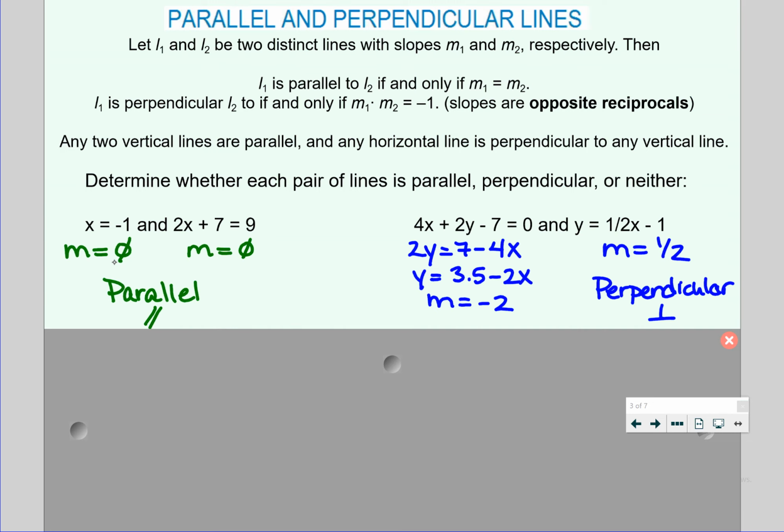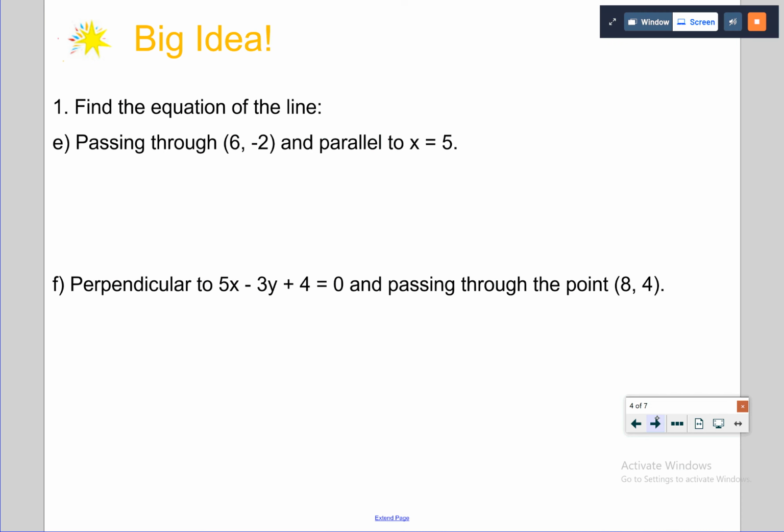Okay. We're going to do these two problems together. Find the equation of a line that passes through the point 6, -2, and is parallel to x equals 5. Okay, so x equals 5. What do we know about that? It's vertical.